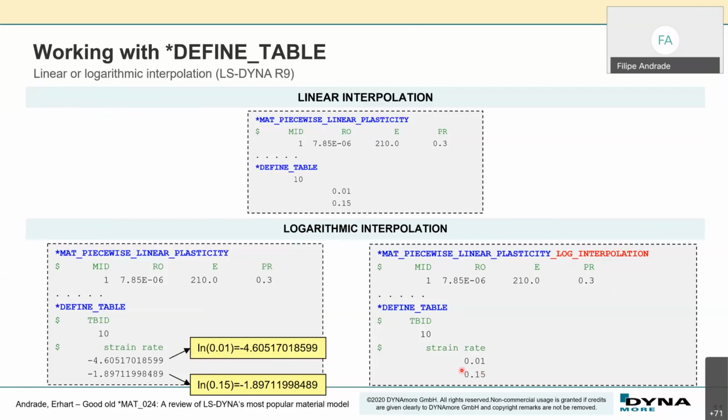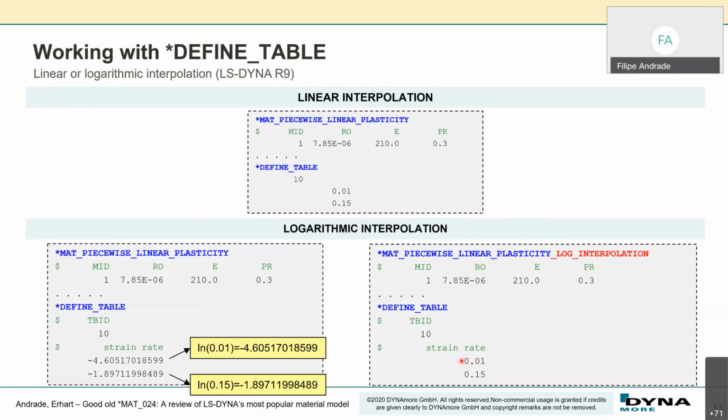So basically, you can use any of these options. There are no restrictions. They give you basically the same result. It doesn't always give you the same result for very, very low strain rates, because sometimes users tend to write the first strain rate to be 0. There's no logarithm of 0. It's minus infinity, and then LS DYNA has an internal rule for calculating a certain strain rate, which I don't remember anymore what it is, but it's something else.